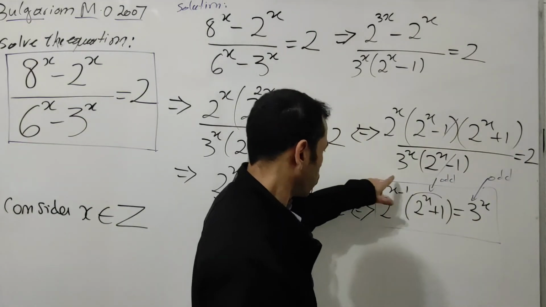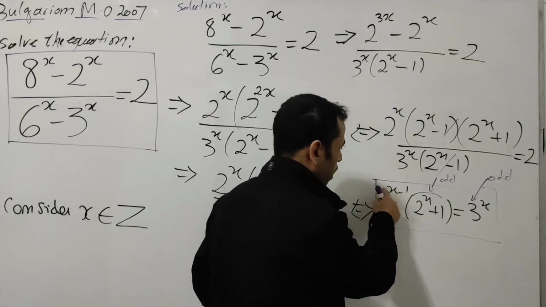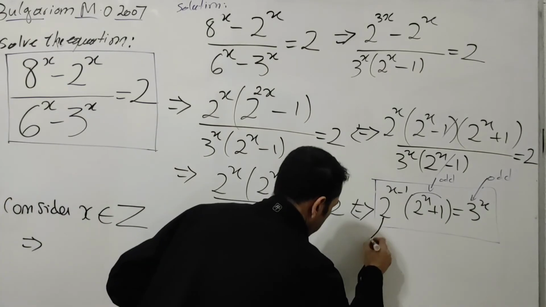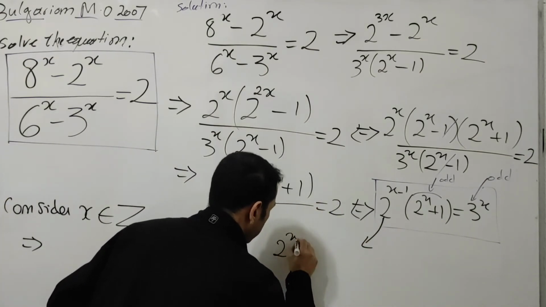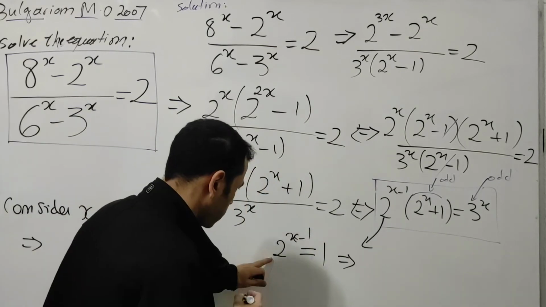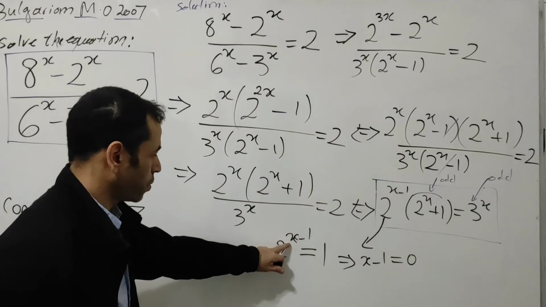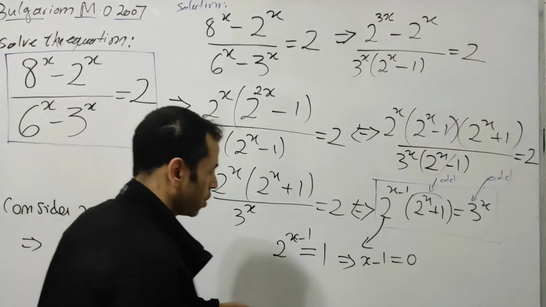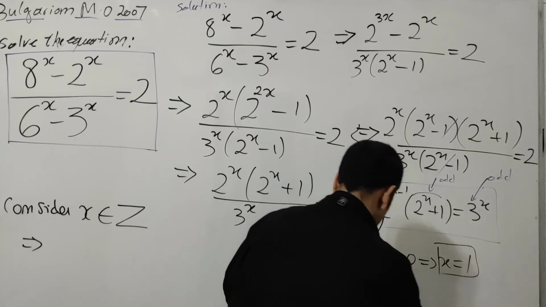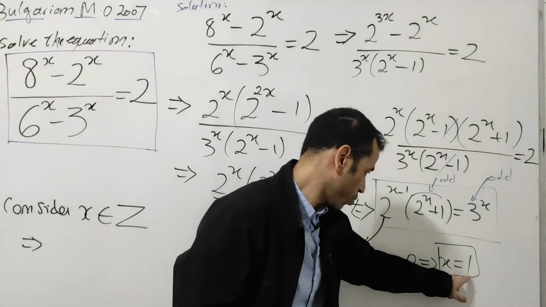The only way to get the left hand side of this equation odd is to give 2^x - 1 the value 1. So 2^x - 1 must equal 1, which means x - 1 equals 0, because 2^0 equals 1. That means x equals 1. Now our equation is solved. We found x equal to 1.